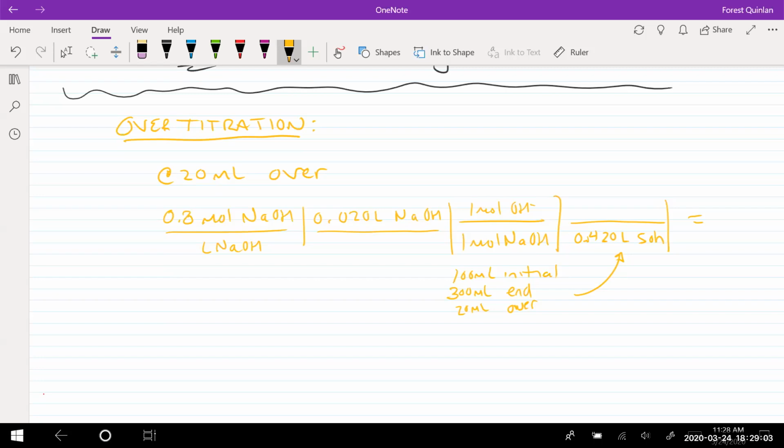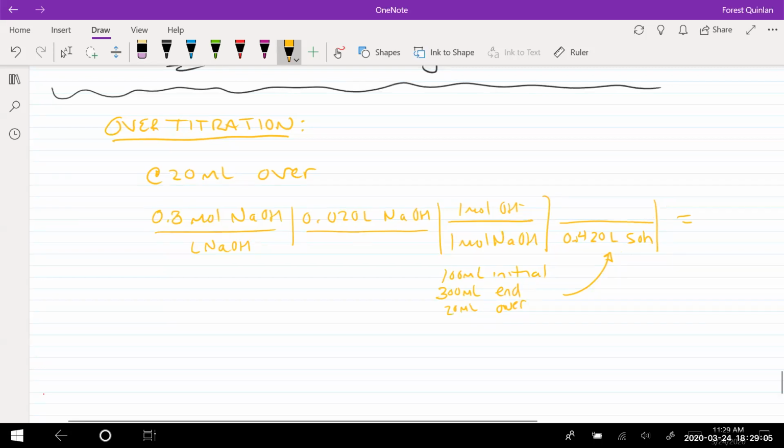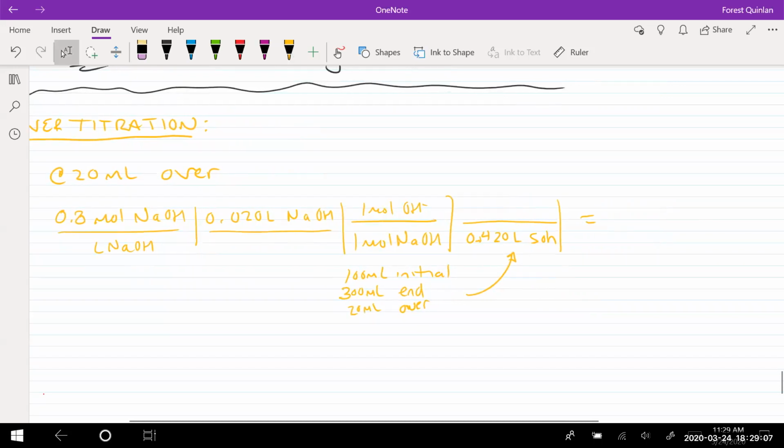Now if you plug and chug that, you'll find you get 0.0238 molarity for OH minus.